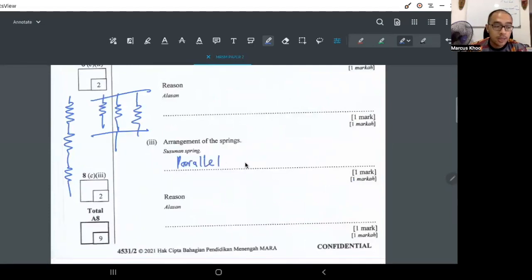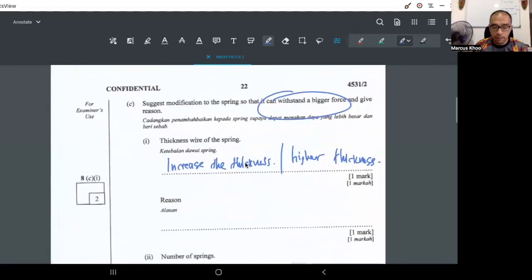Because if it is a series arrangement, it will become very long, but it will not be able to withstand a bigger force. It becomes so long until it breaks. But parallel is definitely a much stronger one.